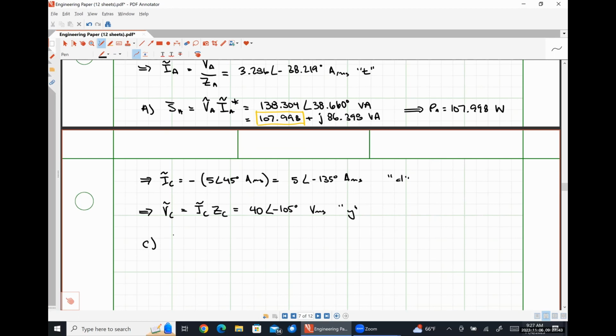And then for part C, the complex power absorbed by impedance ZC is just VC times IC conjugate.